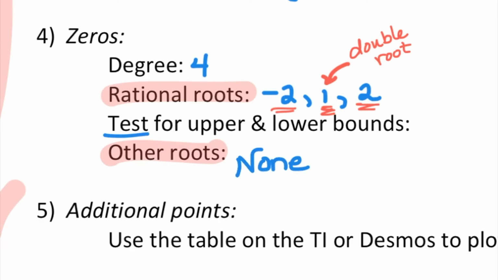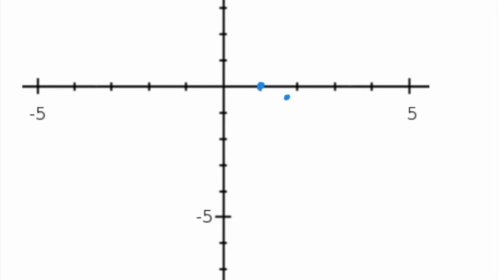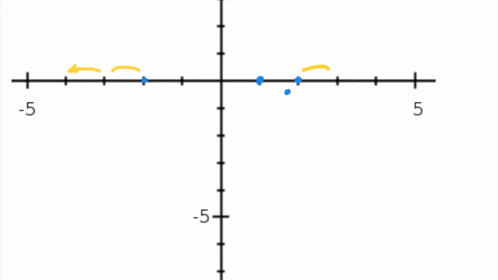But yes, I still want you to test for the upper and lower bounds. So if my roots are negative 2, 1, and 2, then I would step out. And when I say step out, I mean you're going to go away from the outside of what you think the graph is twice.